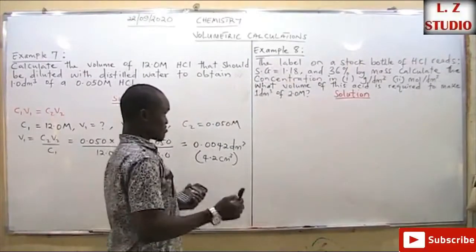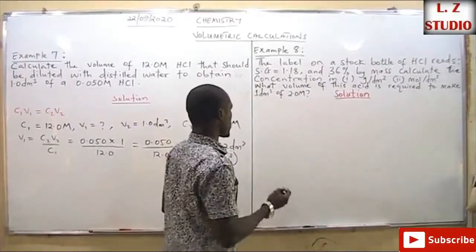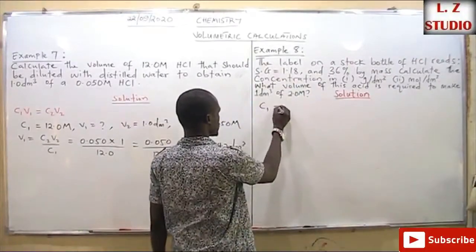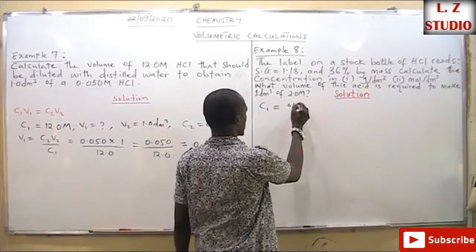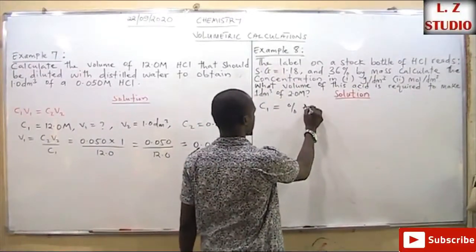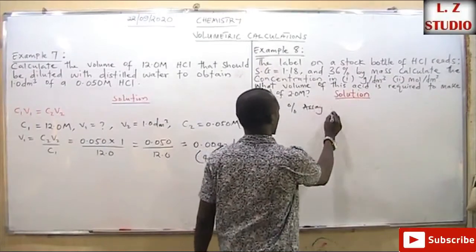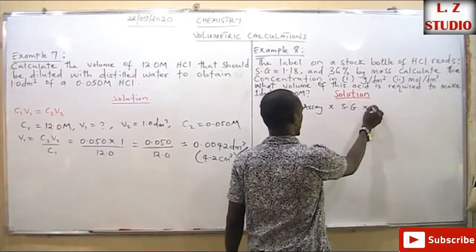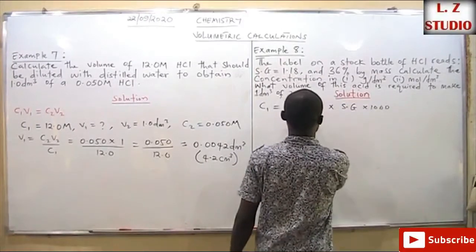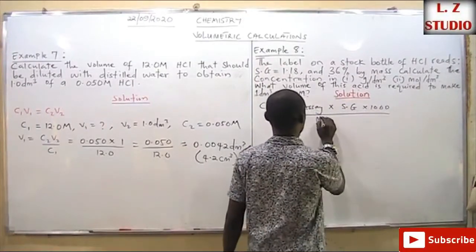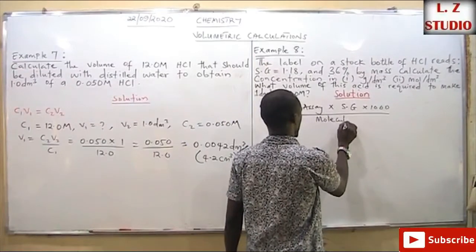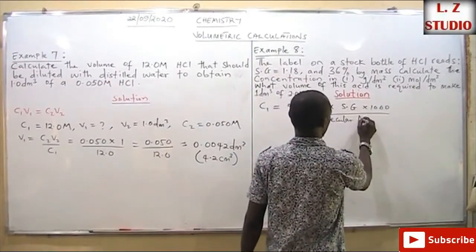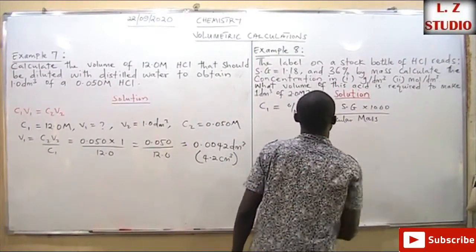Very simple. Remember the formula we use for calculating C1: C1 is equal to percentage assay times specific gravity times 1000 divided by molecular mass of the compound.